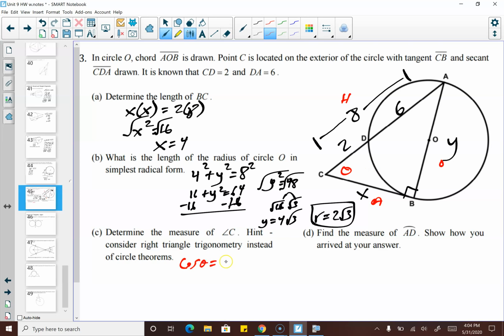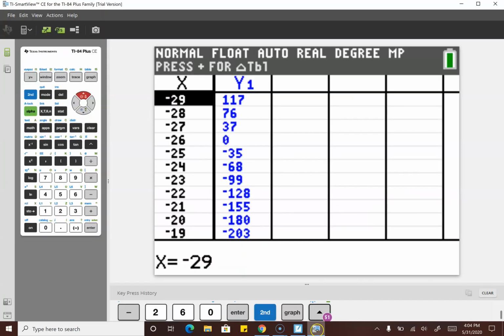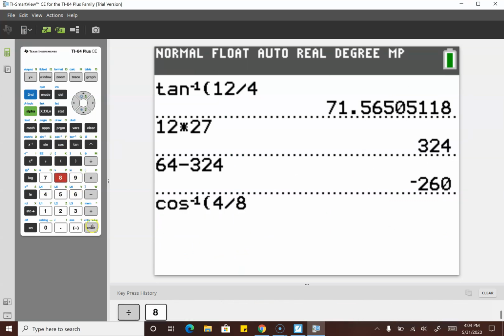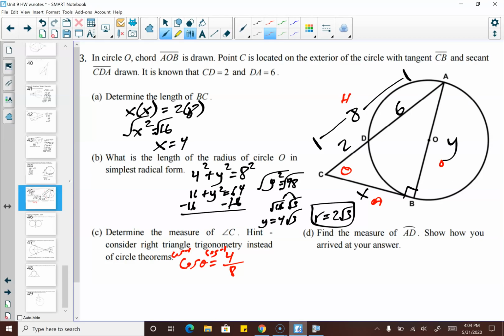So cosine theta equals adjacent, which we found was 4, over hypotenuse, which is 8. We will arc cosine or cosine inverse both sides. And when we do that, second cosine 4 divided by 8 gives us a 60-degree angle. So angle C is 60 degrees.